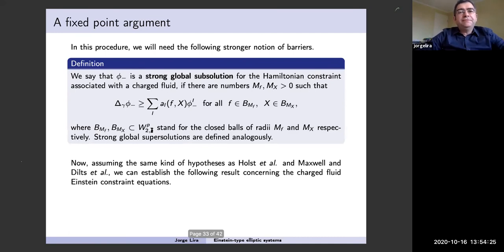Okay, just reaching the end here, but the key point is, again, to construct super solutions for the problem.